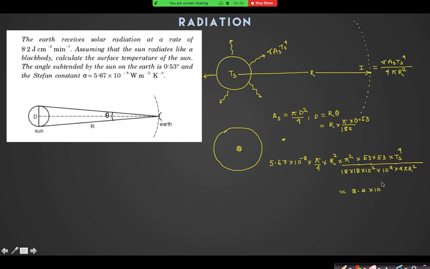So 10 power 4 joule per meter square per minute means divided by 60 per second. Have I got this equation correct? Only unknown is Ts, I can find it, but the calculation is lengthy. Right? What I can do, approximately 18 into 3 is equal to 53. Can I write it?